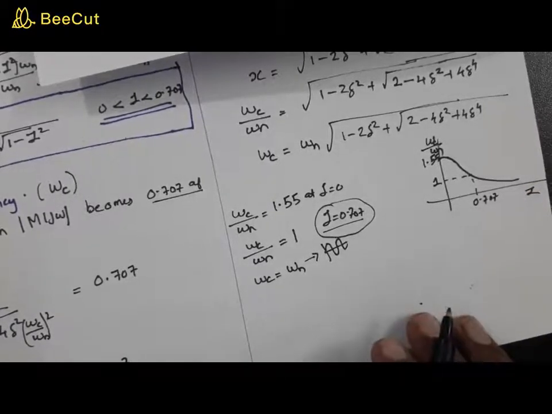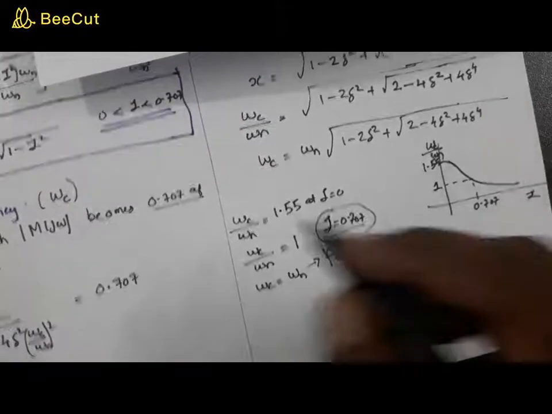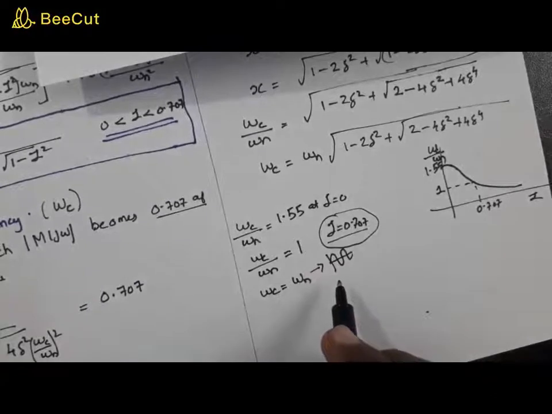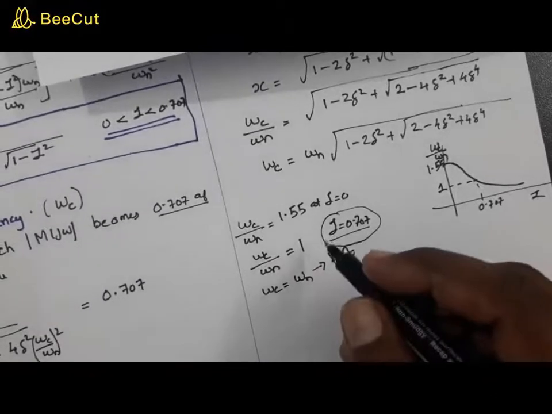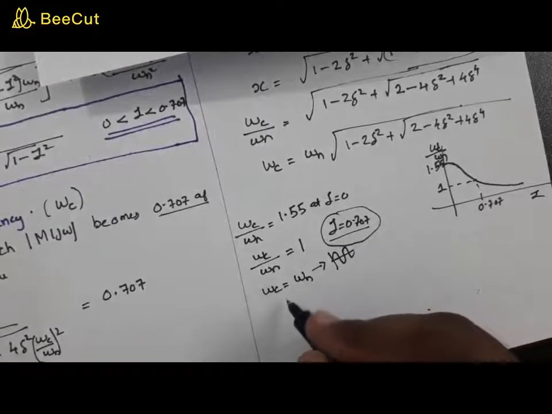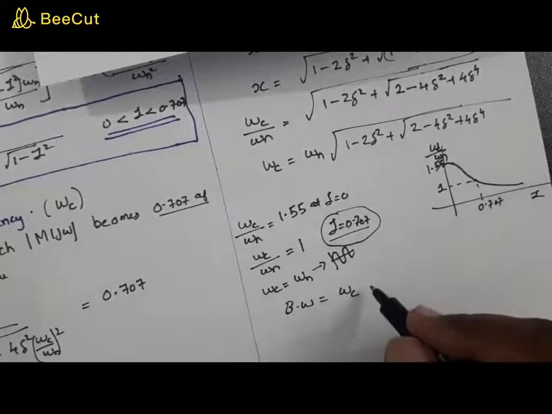Now this omega c is actually the cutoff frequency, and you can see that the bandwidth will be equal to omega c itself.